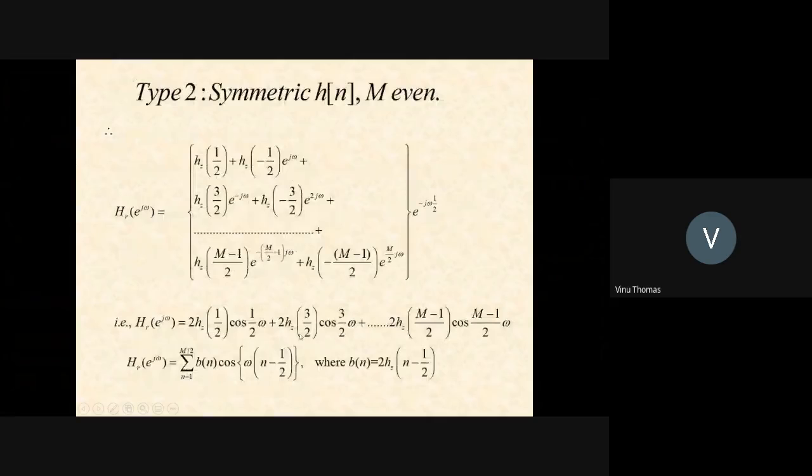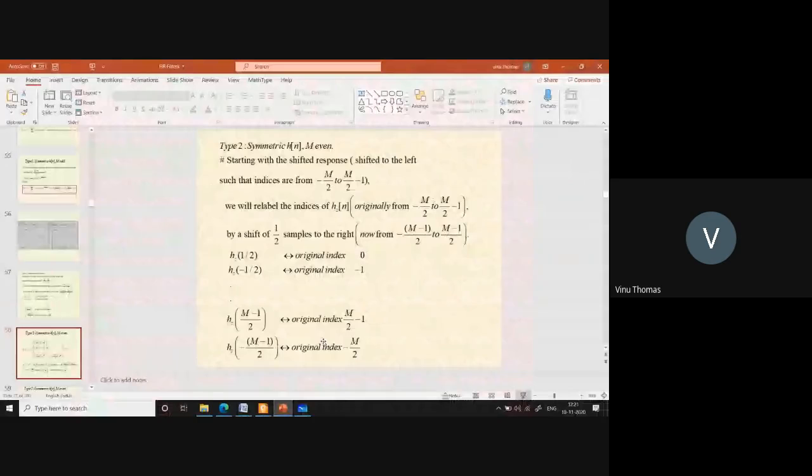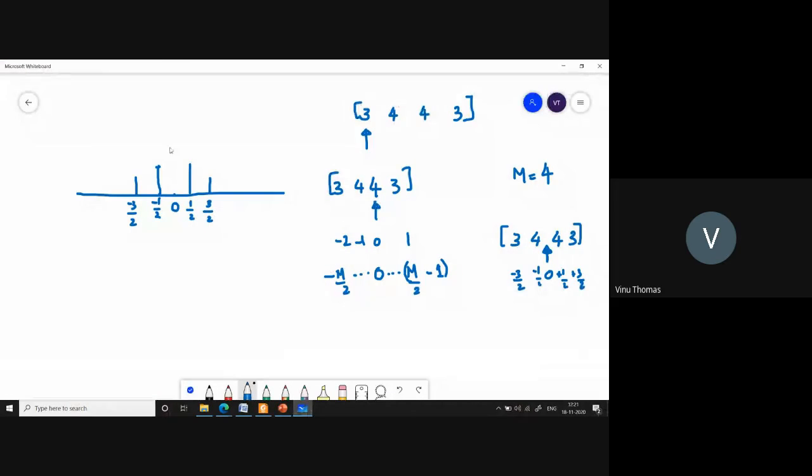So now we will find out the real amplitude response. So again, let us go back to the whiteboard. You see that now this is symmetric, as the indices have been relabeled as odd multiples of 1 by 2.